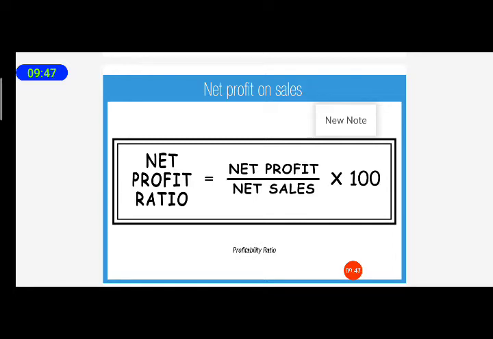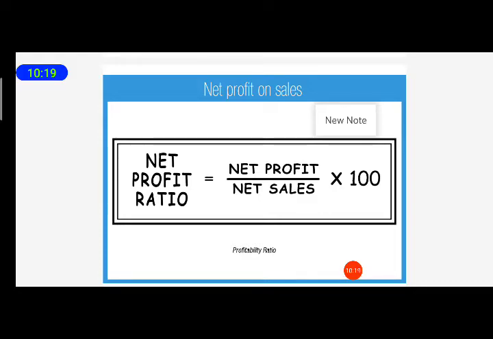It is also known as the net profit margin ratio. The ratio of net profit to sales essentially expresses the cost price effectiveness of the operation. Formula of net profit ratio: net profit ratio is equal to net profit divided by sales into 100.